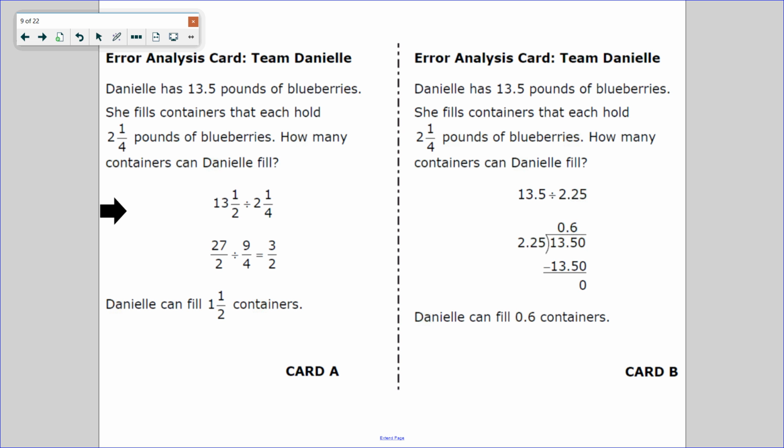So let's look at the mathematics here. So if this is dividing, they turn this mixed number to an improper fraction. Then they turn this mixed number to an improper fraction. So far, I like it. Let me erase this. So far, so good. Then they just divided. Wait, hold up.